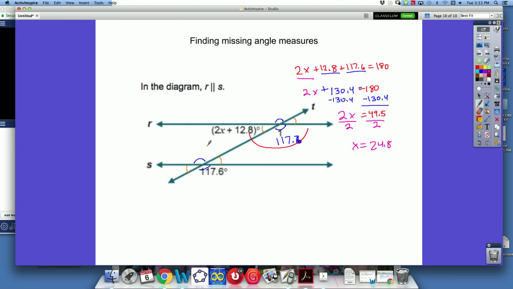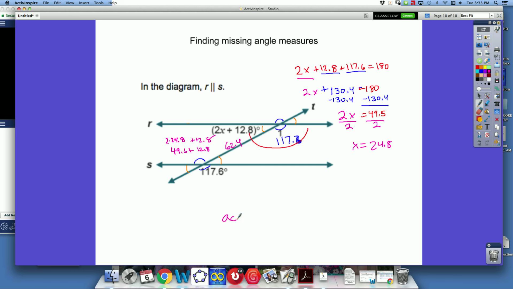So now that I know x, I can do 2 times the 24.8 over here plus 12.8. So that's going to give me 49.6 plus the 12.8, and that's going to give us an answer of 62.4.